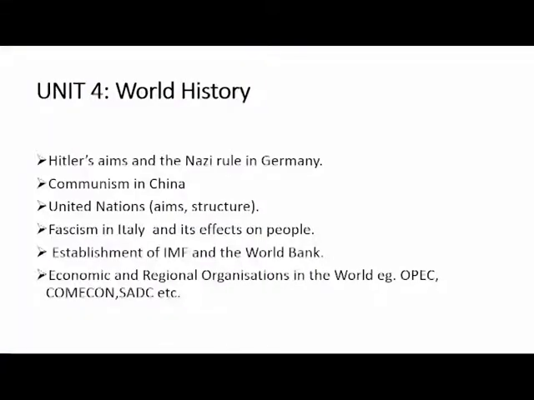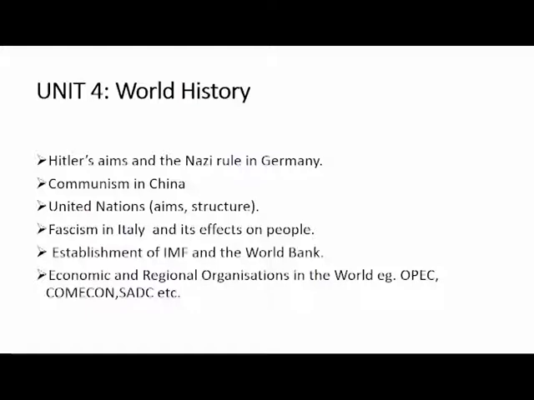The last unit, which is Unit 4, is on world history. Now, what should you know in the history of the world? You should know the aims of Hitler.